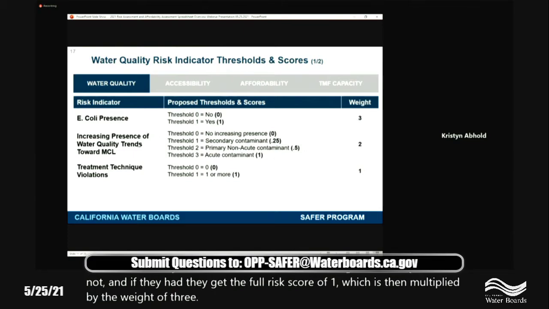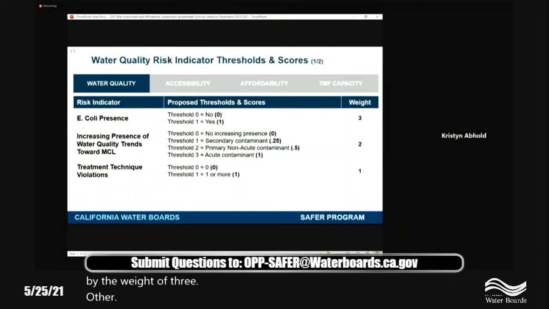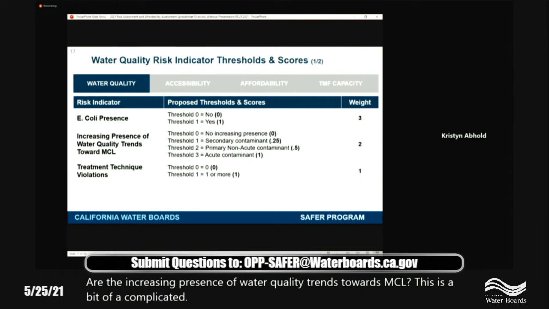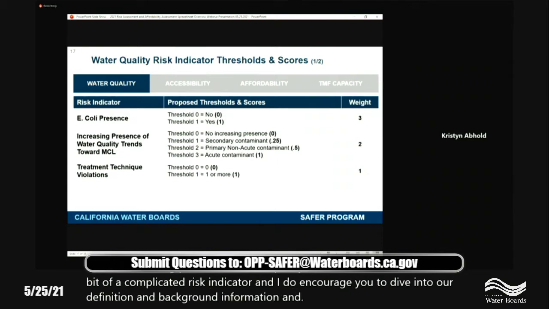The increasing presence of water quality trends towards MCL. This is a bit of a complicated risk indicator, and I do encourage you to dive into our definition and background information in our paper to learn more about it.